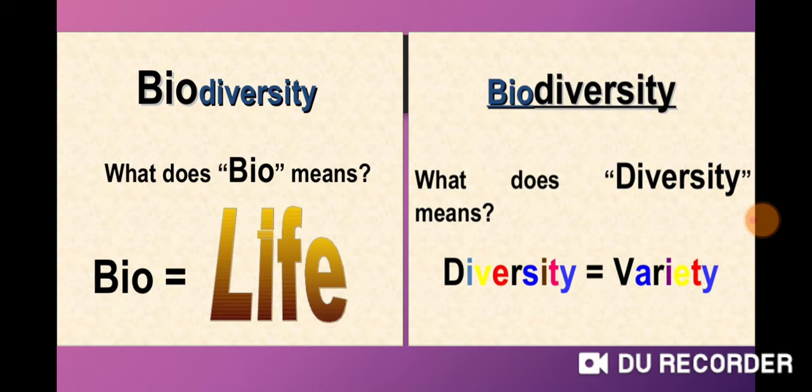Biodiversity is the diversity of living creatures in terms of fruits, in terms of insects. There's a diversity of insects which we can see. There's a diversity of four-legged animals. There's a diversity of crawlers. There's a diversity of fruits. There's a diversity of nuts. There's a diversity of vegetables.